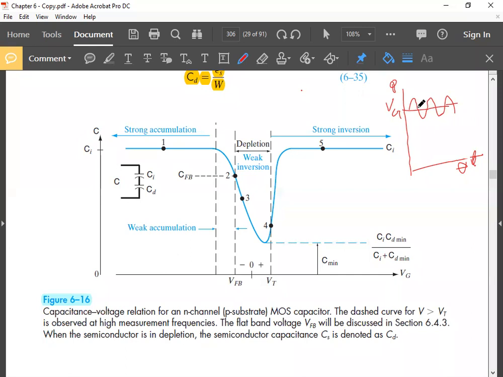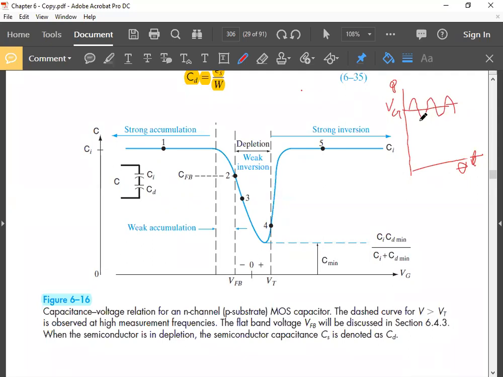So electrons in the inversion layer should also decrease. Electrons have to move out of the inversion layer or come into the inversion layer in response to this AC signal through the p-type body, right?